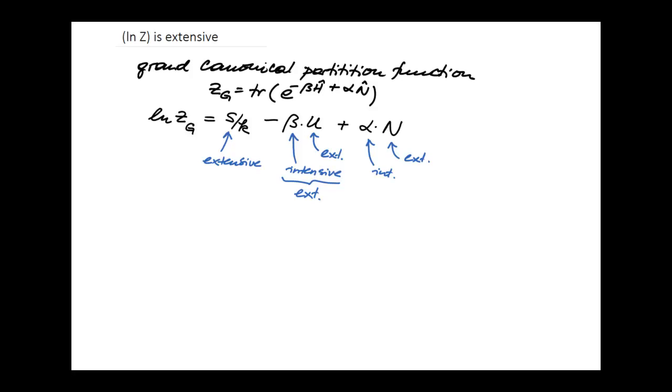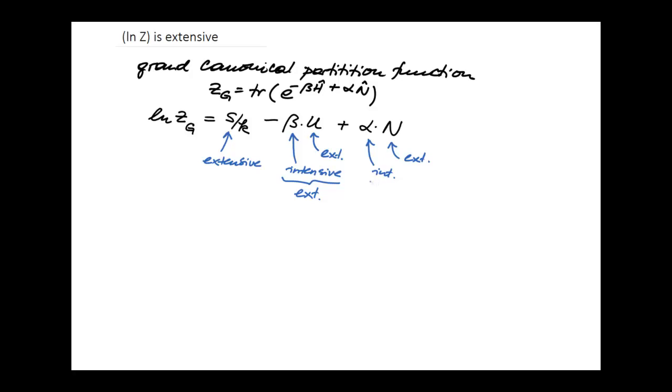Now, the probe has energy, say, x times u, and it has the same inverse temperature, beta. So the product beta times u, inverse temperature times internal energy, for the probe is x times beta times u. So it's a fraction x of the product beta times u for the entire system.